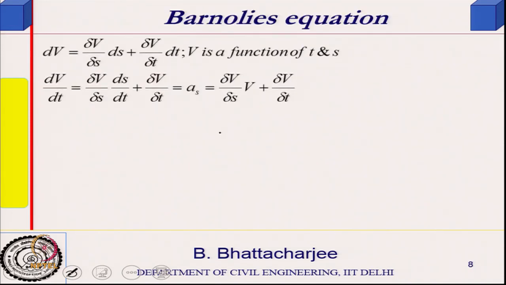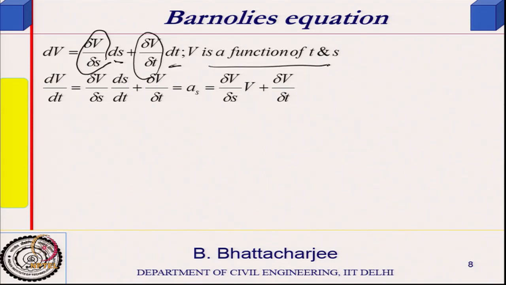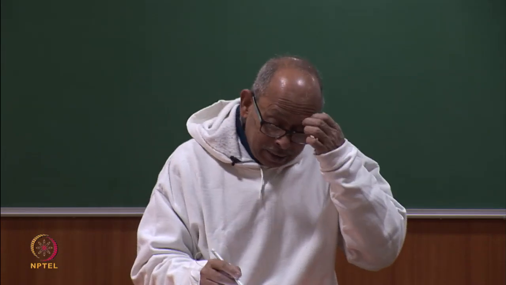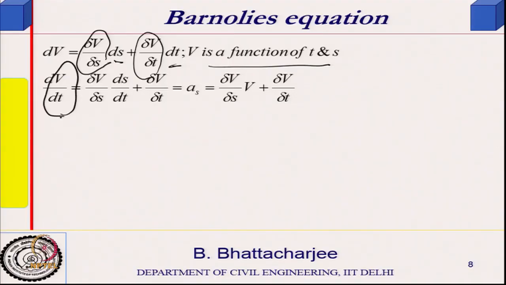Velocity will be varying with distance. So, rate of change of velocity with s multiplied by ds, plus it might vary with time, dt. V is a function of t and s. Let us assume that v is a function of t and s, but if we assume steady, then the t part will go. Let us generalize it a little bit. So, acceleration is dv by dt, it will be written like dv/ds times ds/dt, plus dv/dt.